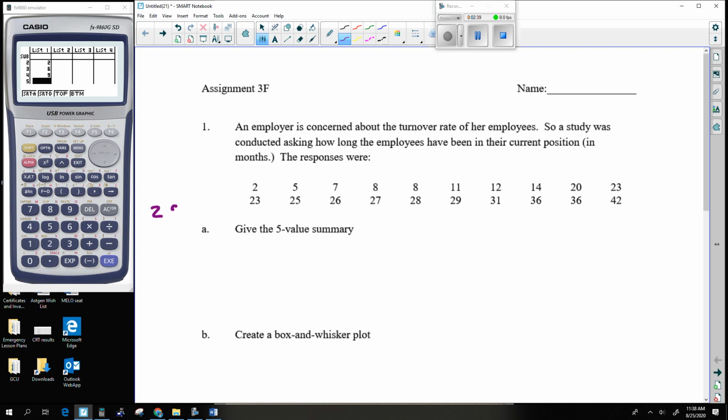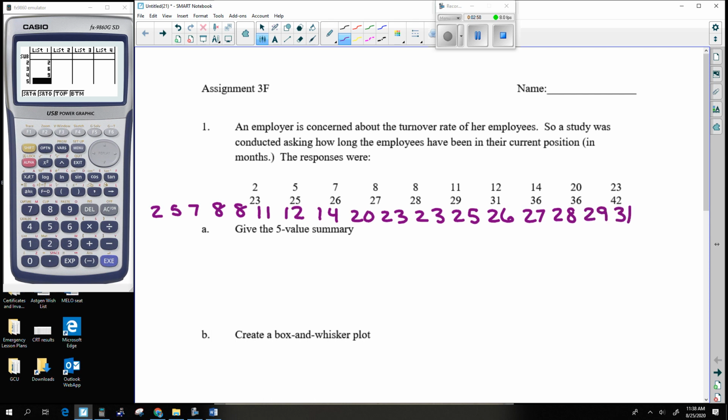So it's 2, 5, 7, 8, 8, 11, 12, 14, 20, 23, 23, 25, 26, 27, 28, 29, 31, 34, 36, 36, and 42.